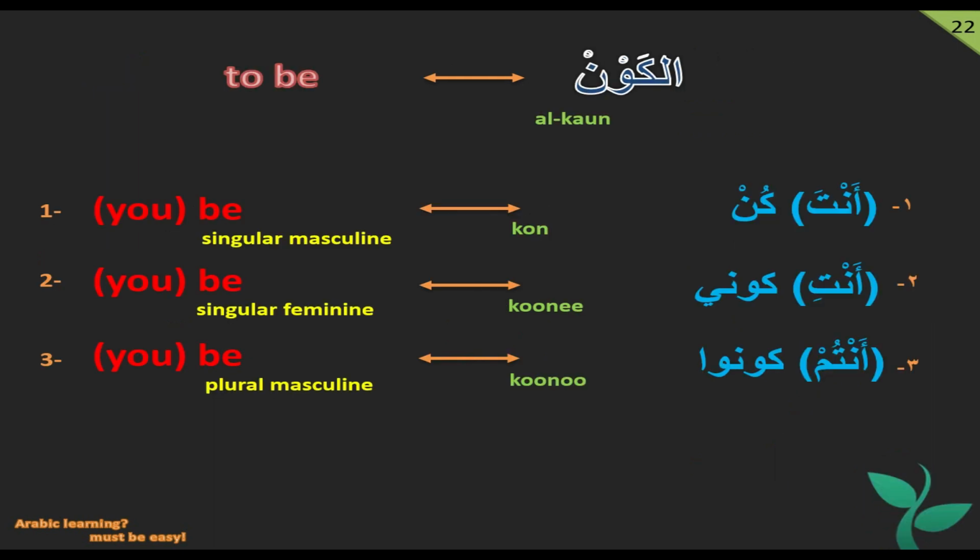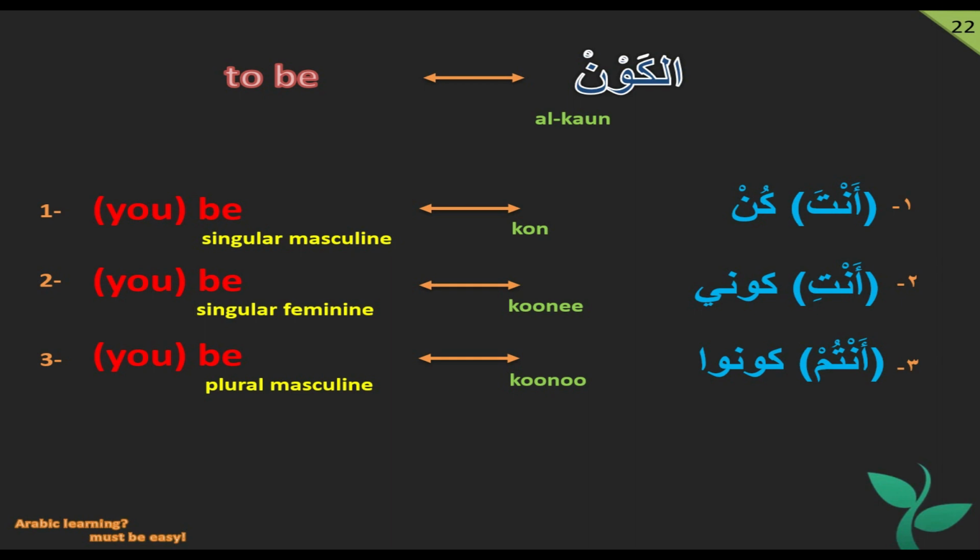Now on this slide we start conjugating the verb in amr. In the imperative, number 1 we have kun, kun with anta, but we say directly kun, which means be for singular masculine. Number 2, kuni for anti, means be for singular feminine.